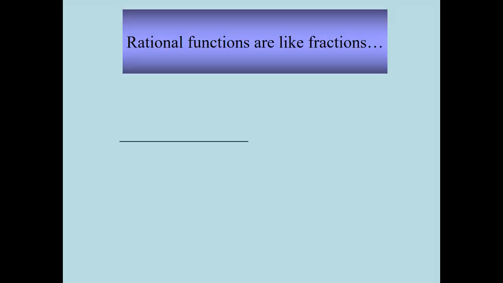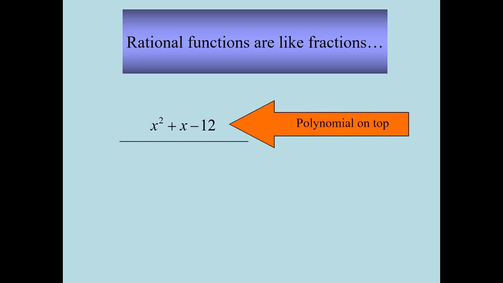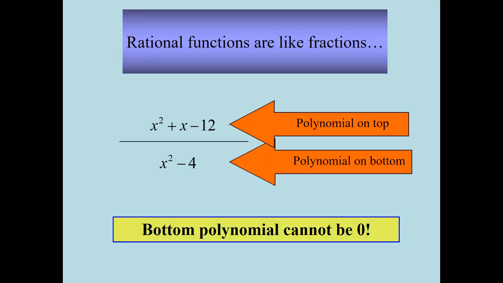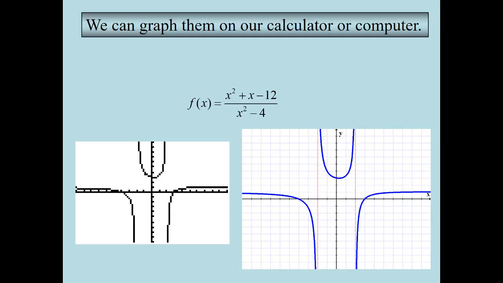Here are the other kind of functions that we want to take a look at in this section. Rational functions means fractions, where we have a polynomial on top and a polynomial on bottom. Here's the graph of a typical rational function, and you notice the red dotted lines that appear on the computer-generated graph are called asymptotes.